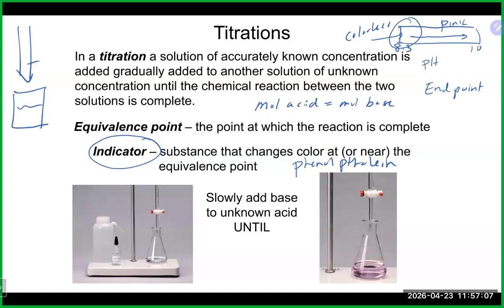Now, where they always yell at you when you do a titration is you need to stop when you see the very first faint sign of pink that stays. The reason for that is if you do that, you're probably back in this area, which is probably where your equivalence point is. And your equivalence point is probably in the colorless range of the pH. But as soon as you get the light shade of pink, that means you just got past it, and you're probably pretty close to your equivalence point. So that's why you want the lightest shade of pink.